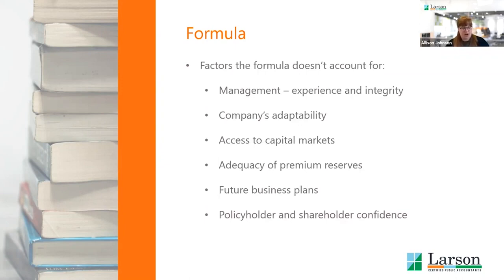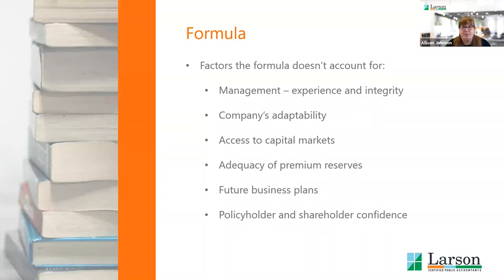So a few things to be aware of that the formula doesn't account for. And as we go through these, you'll see it makes sense. It would be hard to put a numeric value to these. So some of them are management, the experience and integrity of a management team, how quickly the company can adapt, access to capital markets.